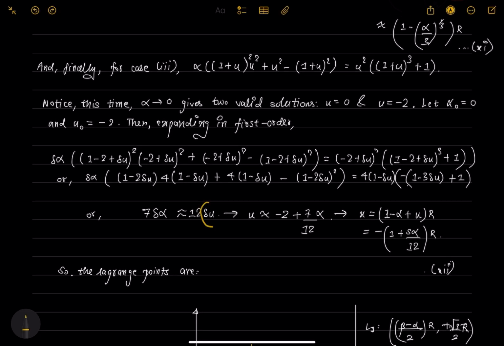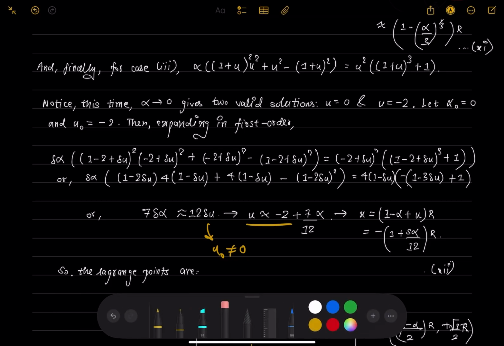And since delta u is not expanded out of u naught equals 0, it's not u naught equals 0 this time, it's actually u naught equals negative 2. So u has to be written as negative 2 plus that expanded term, right, which happens to be 7 over 12 from this particular equation. 7 over 12 times alpha. And alpha is definitely expanded from 0, right? We're considering only small deviations in alpha.